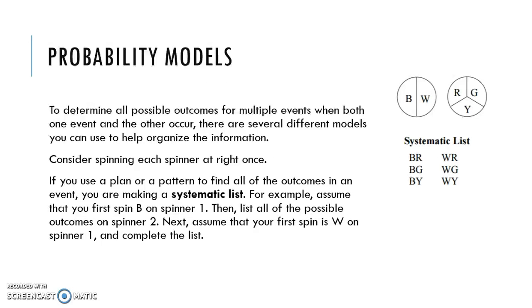One is a systematic list. If it's a small enough bit of data, like this example here, you can come up with a list of all of the possible outcomes. This can be done pretty nicely with flipping coins as well. And with this list, we can see perhaps something considered a success would be the probability that one of the colors is green.